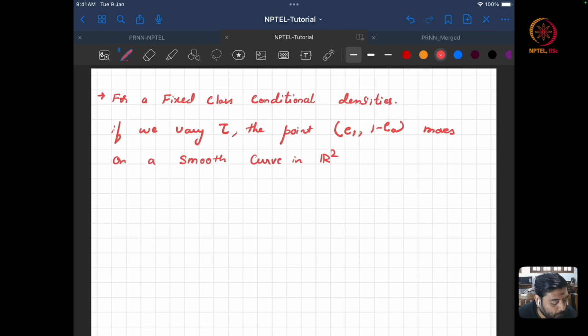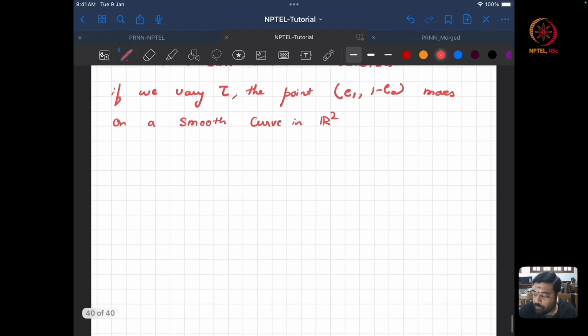Correct? Now, for a fixed tau, we can always estimate E0 and E1 from the training data. Hence, if you vary this tau, we can find this ROC and decide which is the best point that we actually need. What is the point that gives us the good trade-off that we need?